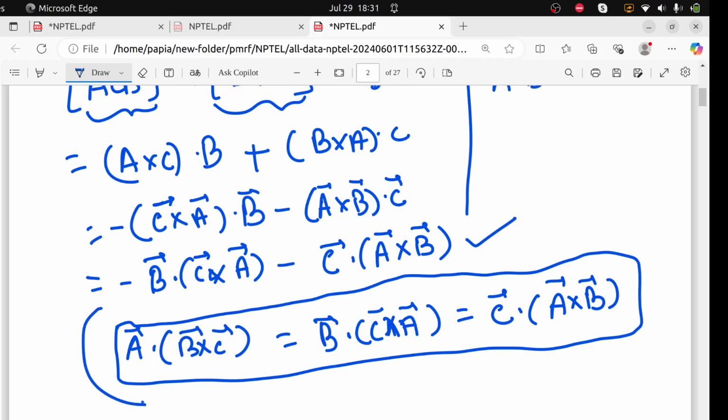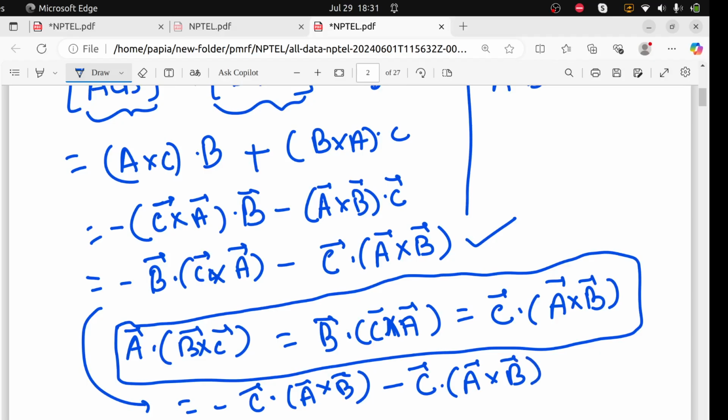In the calculation, you can see here B dot C cross A is there. B dot C cross A is again A dot B cross C or C dot A cross B. I can write any of them. So let me write here C dot A cross B. So minus C dot A cross B from this, and the second one I just write as it is. Very good.